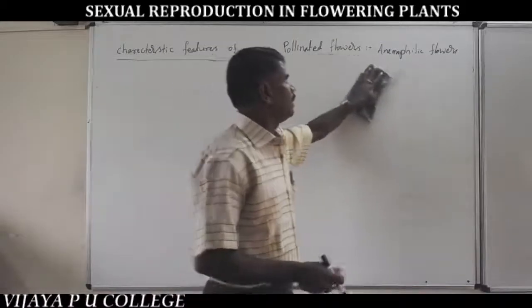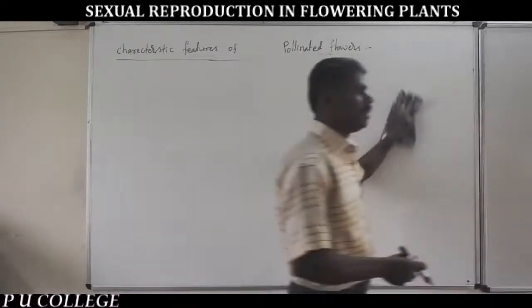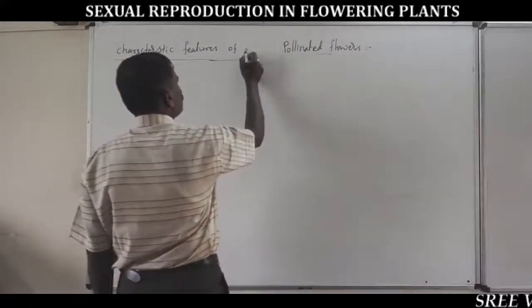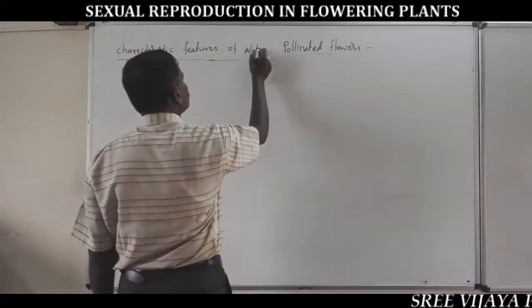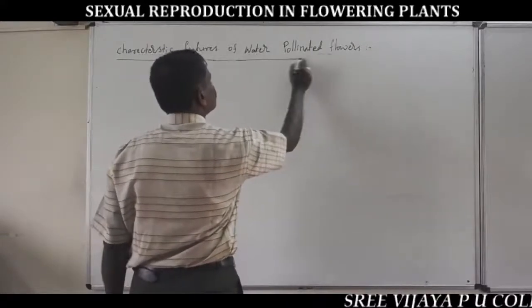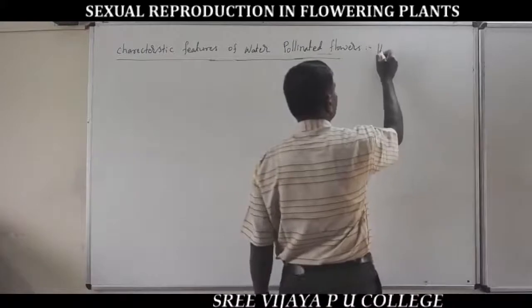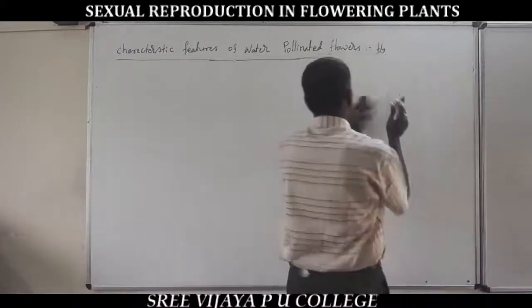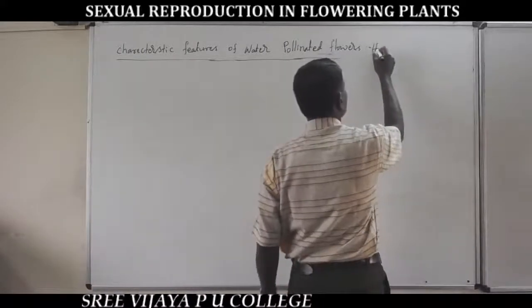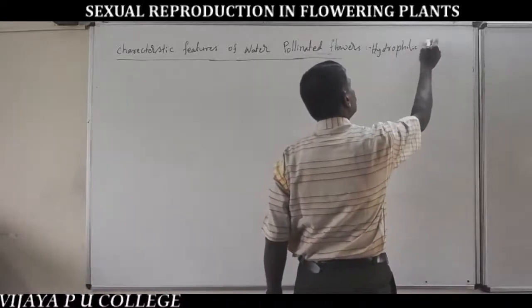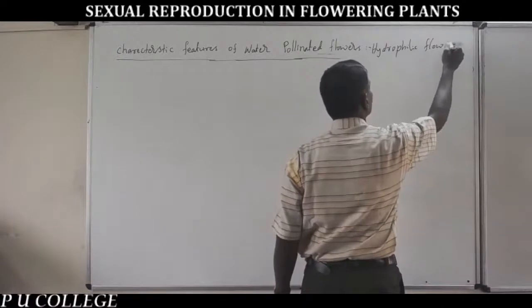So next, the characteristic features of water pollinated flowers, which are called hydrophilic flowers.